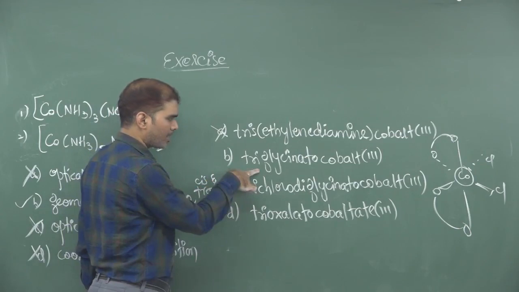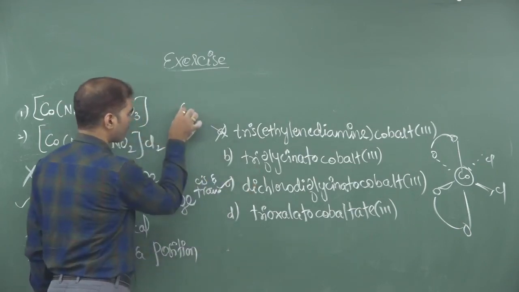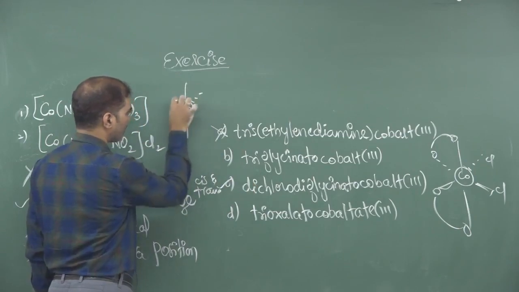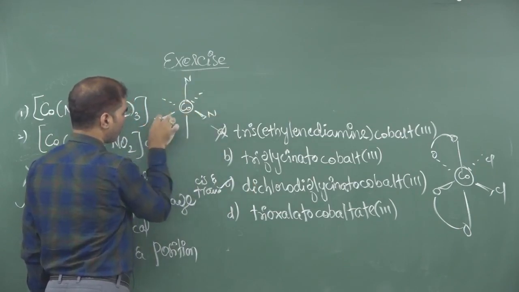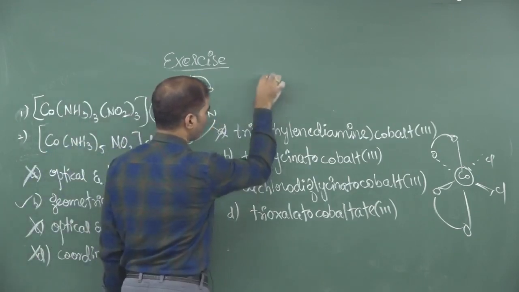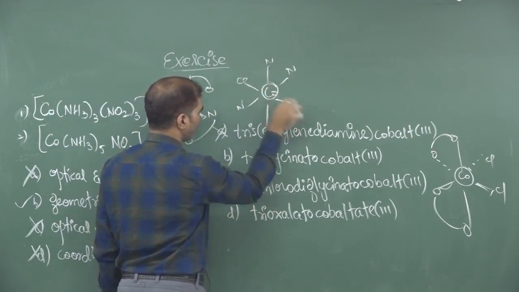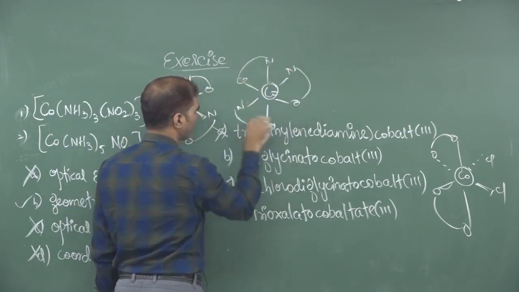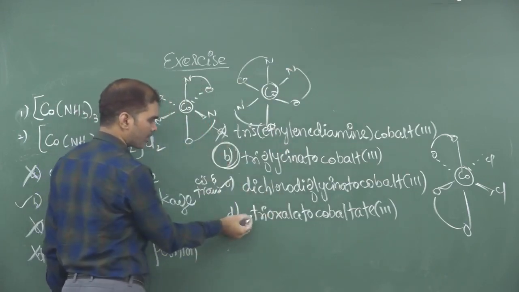Next, this one triglycinato, that can show. Triglycinato means we have done this already. N, this is facial, and this is meridional. So for triglycinato, facial and meridional exist.